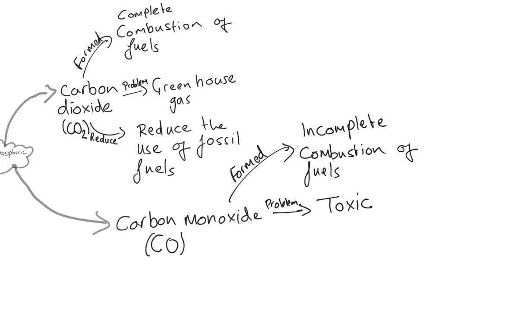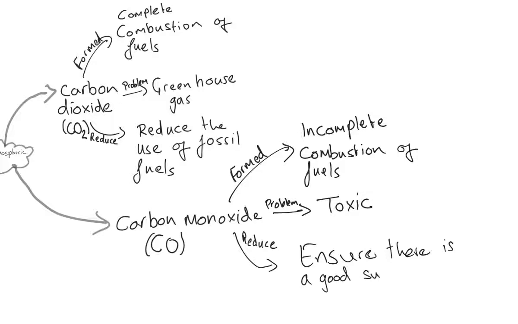How could the problem be reduced? Well, to reduce the amount of carbon monoxide being produced, it's quite simple, this one. You have to make sure, or ensure, which means make sure, there is a good supply of oxygen. So when you're burning something, make sure it's not an enclosed space.